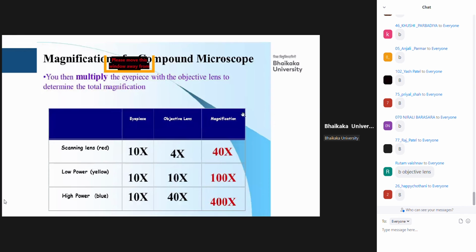As we have seen earlier, the scanning objective lens is 4x and the eyepiece is 10x, so the total magnification will be 40x. In low power, when the 10x objective lens is used, the magnification will be 100x, and for high power, the objective lens is 40x, so the total magnification will be 400x. It means we can see the specimen 400 times larger than its original size, which we cannot see with the naked eye.